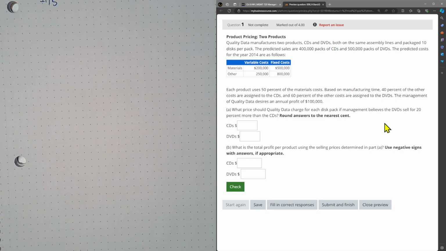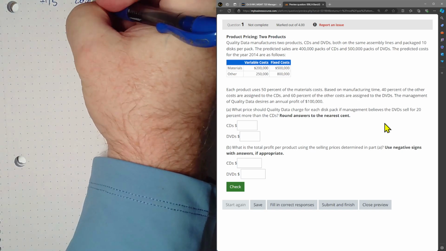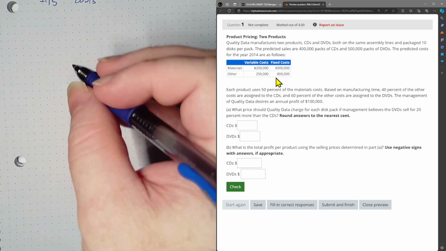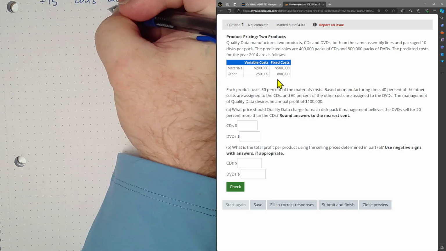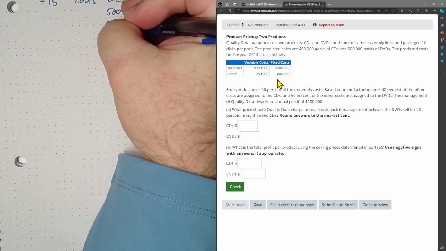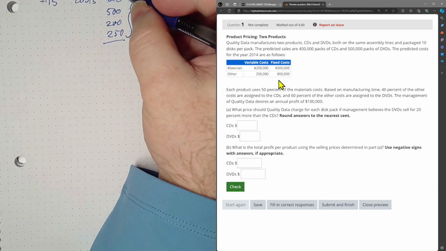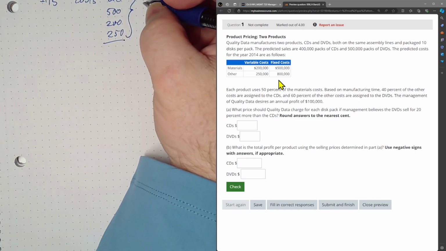When we look at the total costs, if I add these four together, 800 plus 500 plus 200 plus 250, that's a million 1.75.